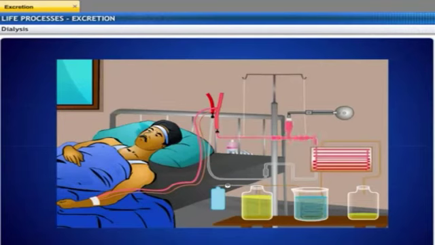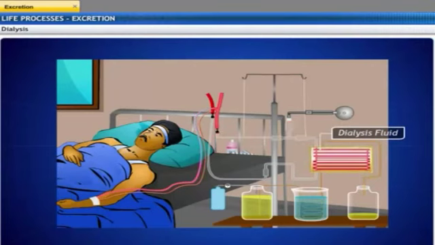From the artery, the semi-permeable membrane of the dialyzer machine receives the blood, and the machine filters out the waste materials, and the filtered blood again enters into the human being. Dialysis is nothing but the process of removing nitrogenous waste artificially in a kidney-affected person.